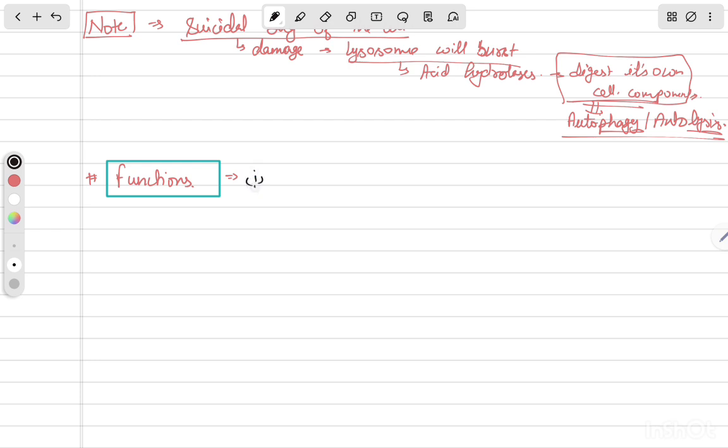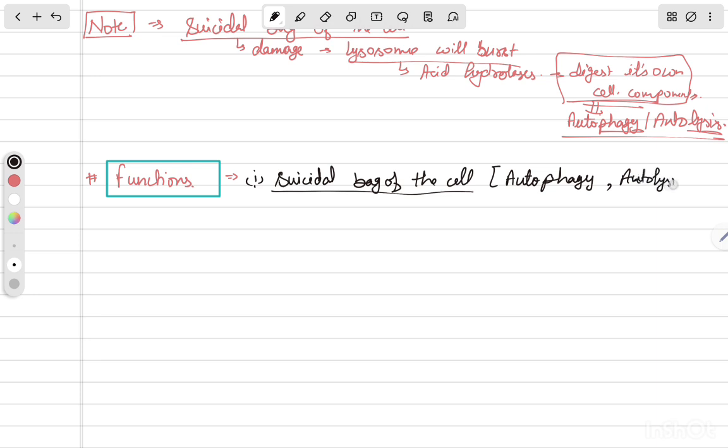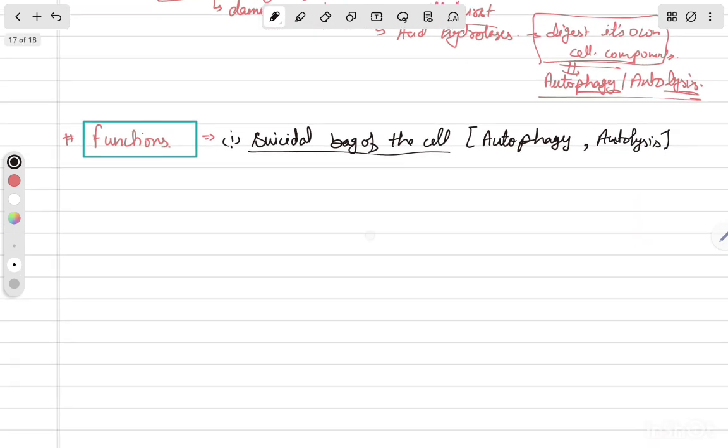First, it is the suicidal bag of the cell, means it helps in cleaning of the cell, or mainly autophagy or autolysis. It also helps in extracellular digestion.